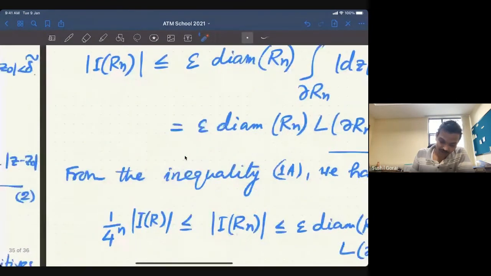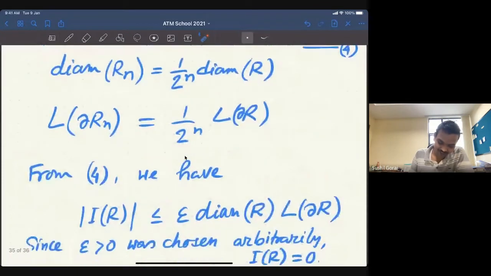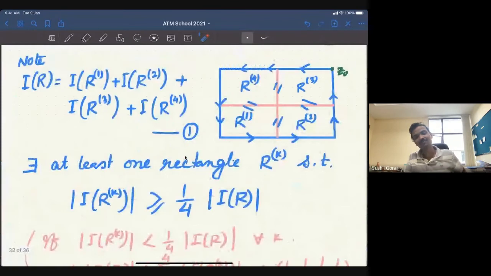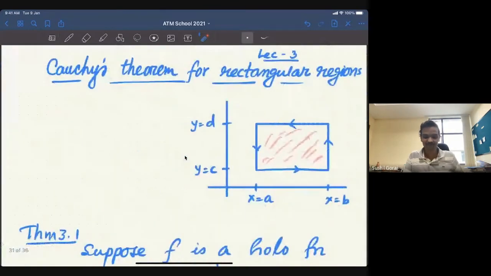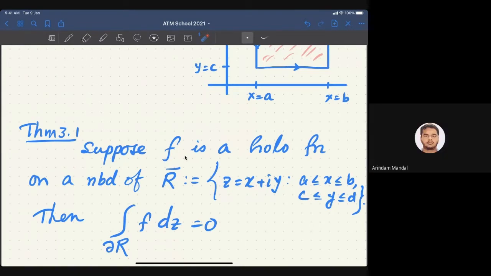All right. So this nice technique was developed by Goursat, and the point is, what was the definition of holomorphicity you have chosen? Did you assume continuously differentiable? No, differentiable on an open set.